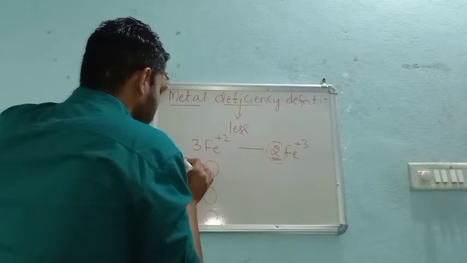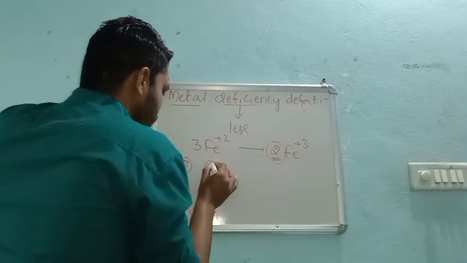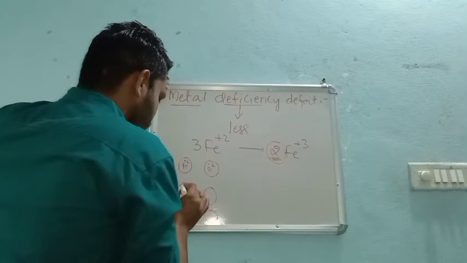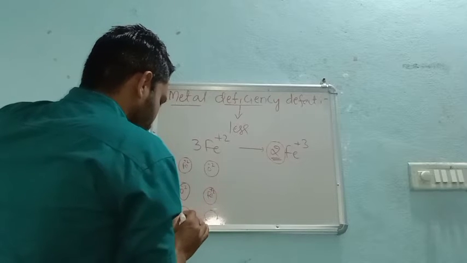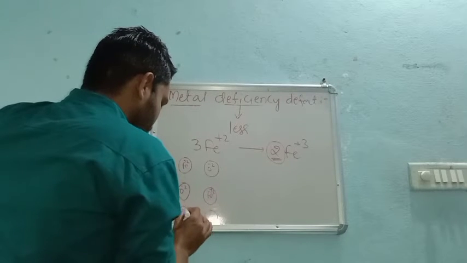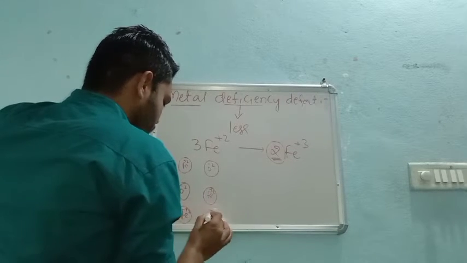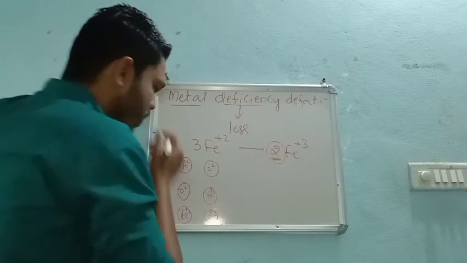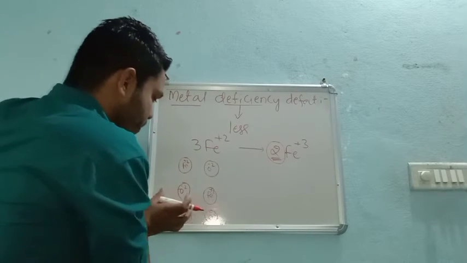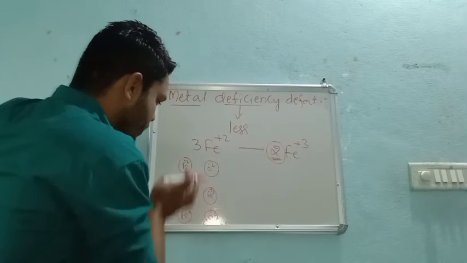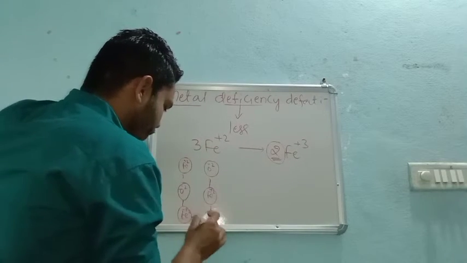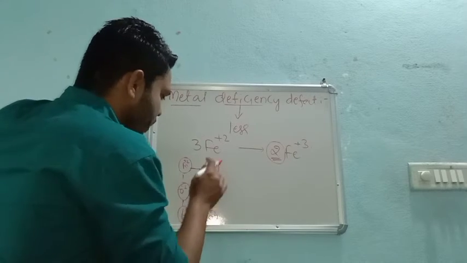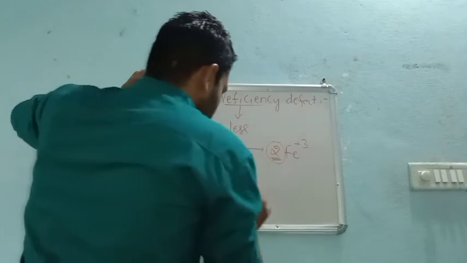Fe plus 2, O minus 2, O minus 2, Fe plus 2, Fe plus 2 again, O minus 2. Now see here, there are 6 negative charges with 6 positive charges. So before going into the defect, the case was like this with this solid.